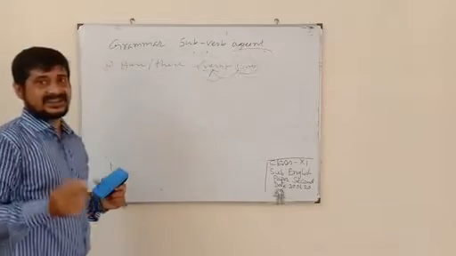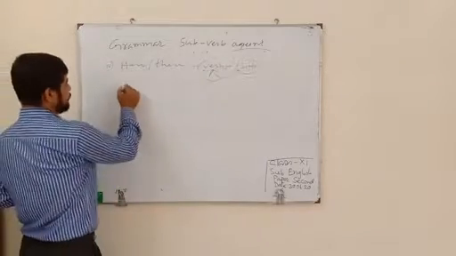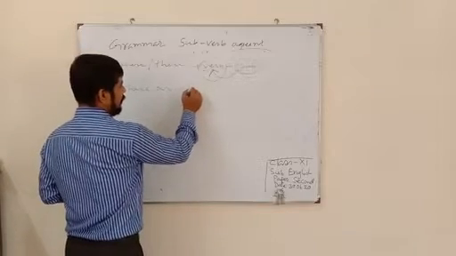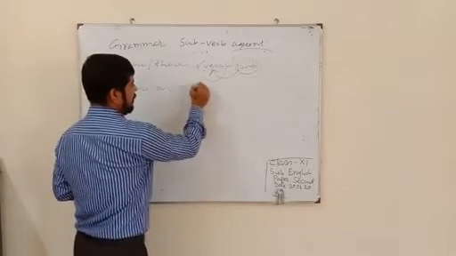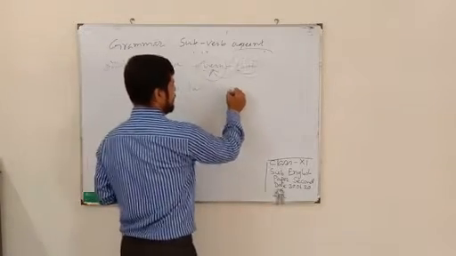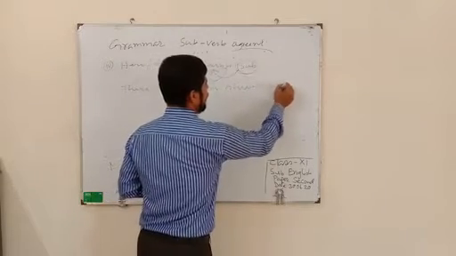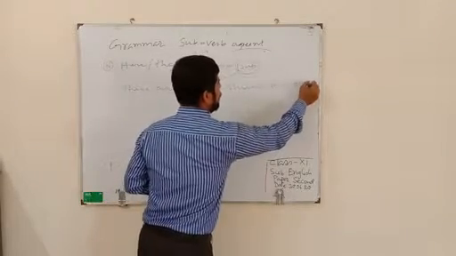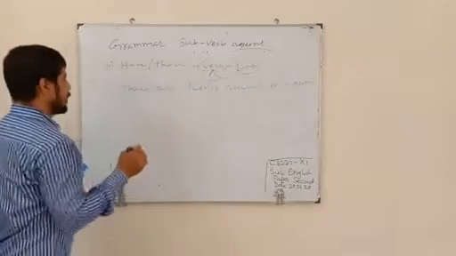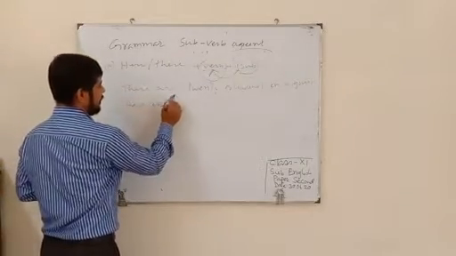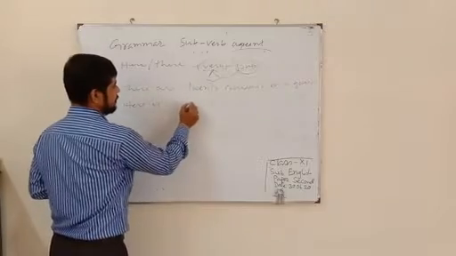See here, such as: There are 20 students in a group. Here is the college. Here is a college.